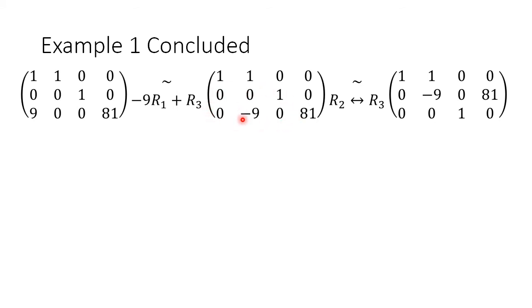I go to the leftmost column that's not all zeros, which would be this column, and I make this a non-zero number and eventually make it a 1. In order to do that, I'm going to have to swap these two rows. So I swap row 2 and row 3, which is another one of our elementary row operations, and get this matrix.